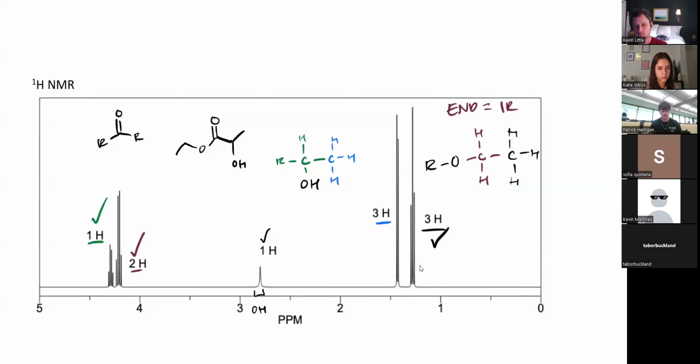Where have you guys gotten stuck on this one? What did I do that was tricky? I made a completely different structure, I have all the components and I just put them together really differently, but I somehow still got the same integration. So I guess I just got the shifting. Yep.